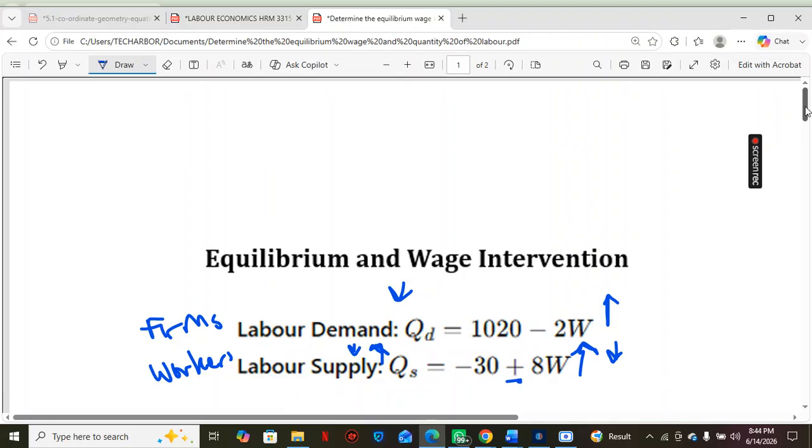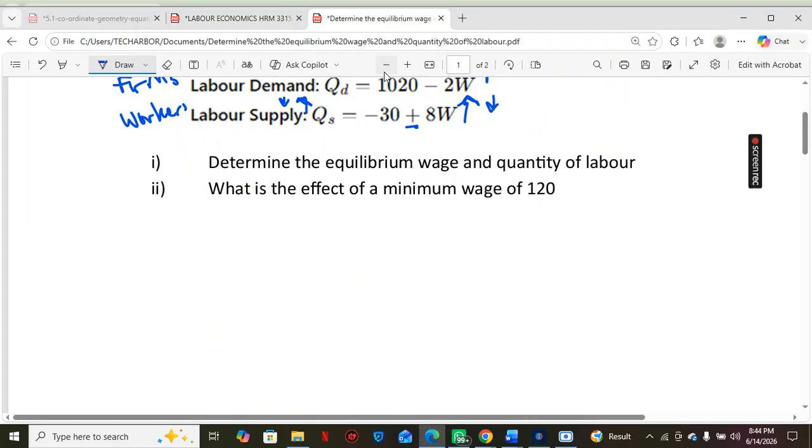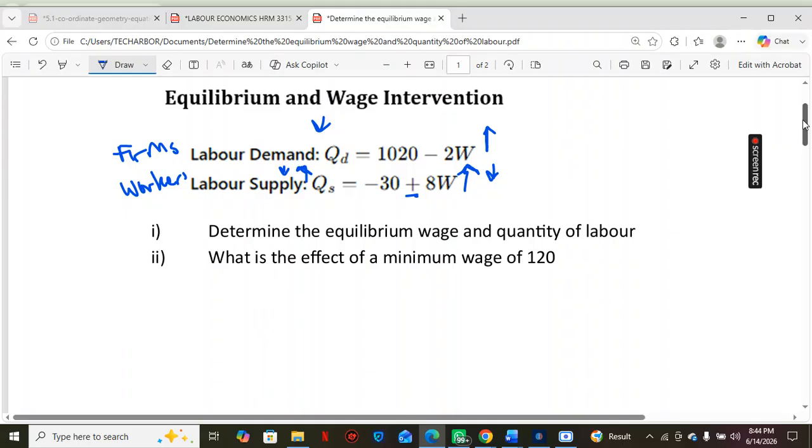So here we've been asked to calculate the equilibrium wage rate and the equilibrium quantity of labor. Just like in microeconomics, when you're calculating equilibrium price and quantity, it's the same thing.